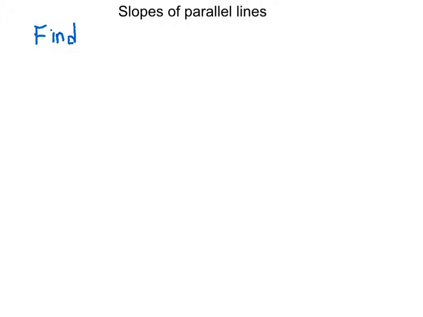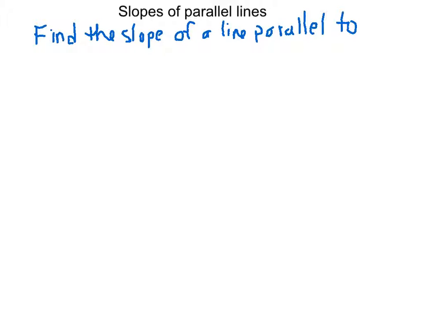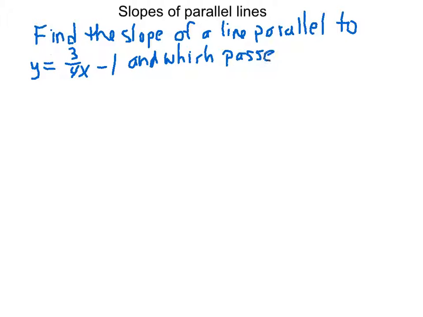And this is a good one to write down in your notes. So find the slope of a line parallel to y equals 3/4 x minus 1, and which passes through -1, 5.